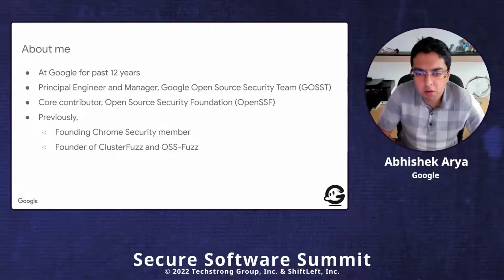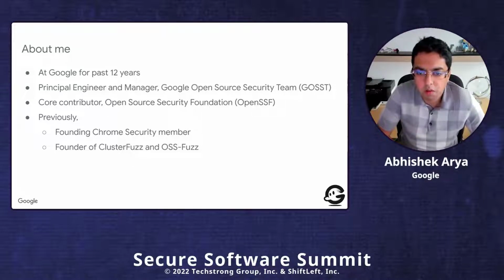For folks that don't know me, I'm Abhishek. I'm a principal engineer and manager of the Google Open Source Security Team, aka GOSST in short. I've also been a core contributor to the Open Source Security Foundation since its early days of incubation.